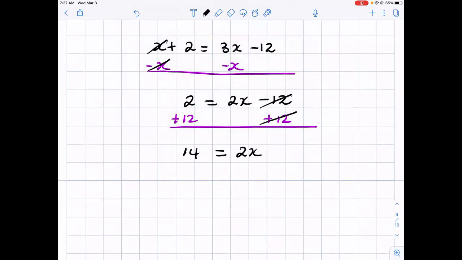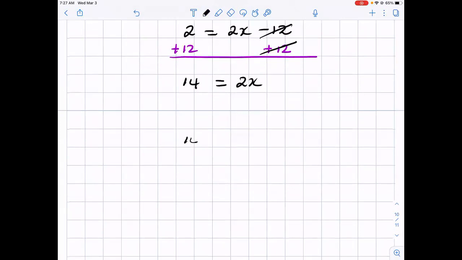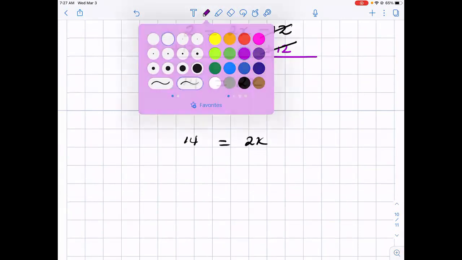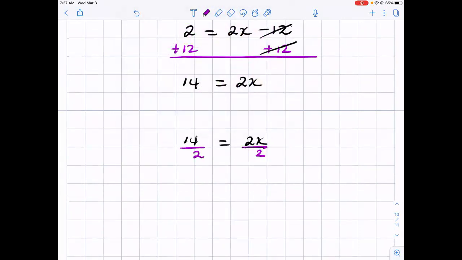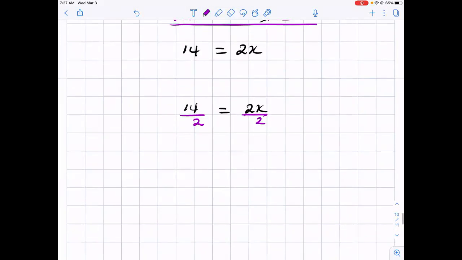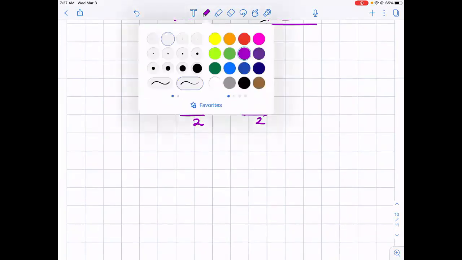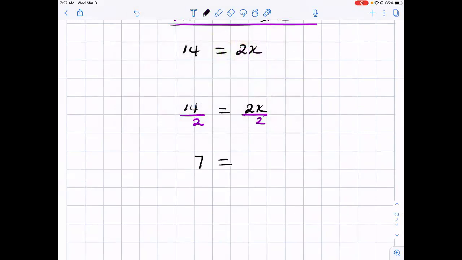And to get x by itself, we divide both sides by 2. Okay. And if I do that, I have 7 is equal to x. 7 is equal to x.